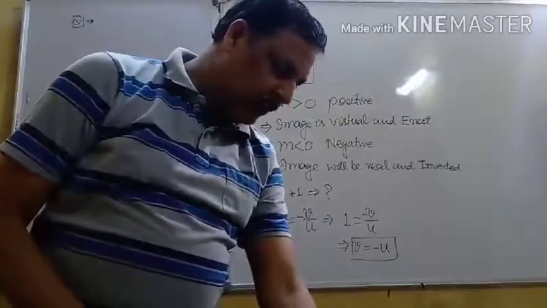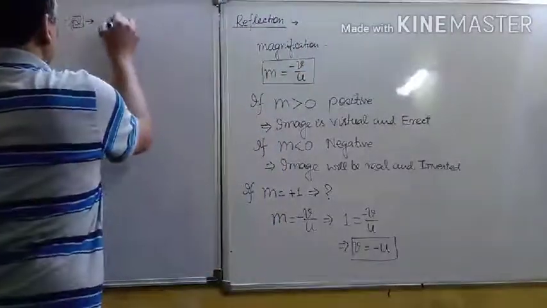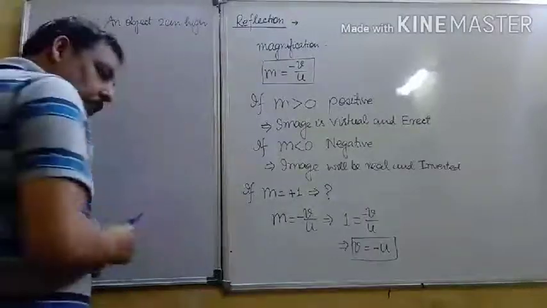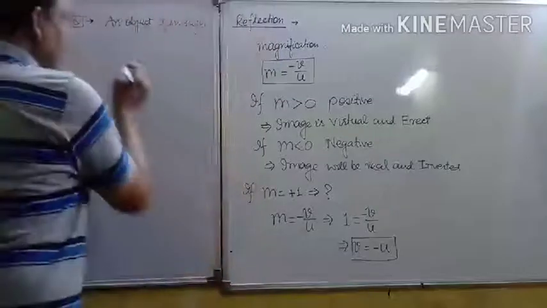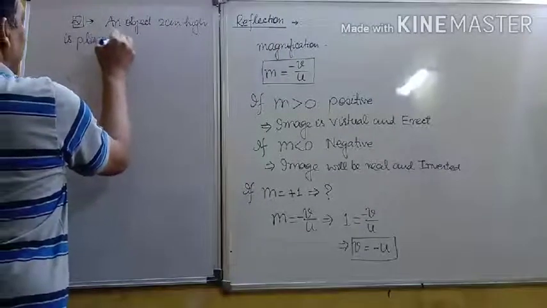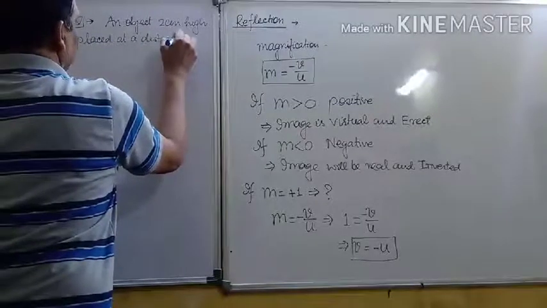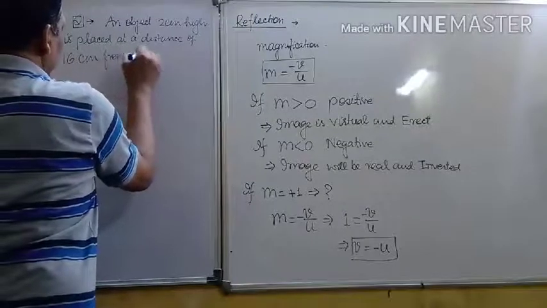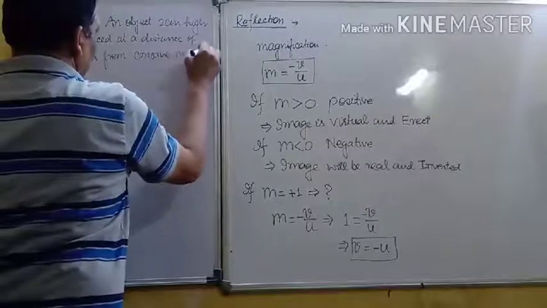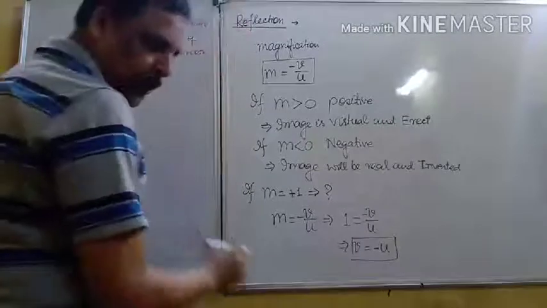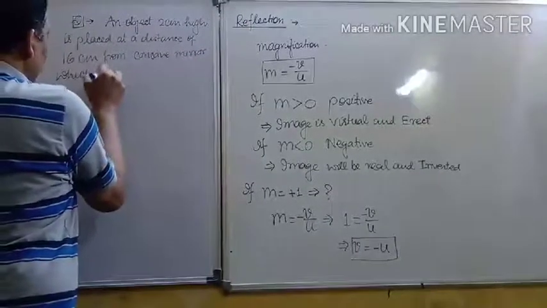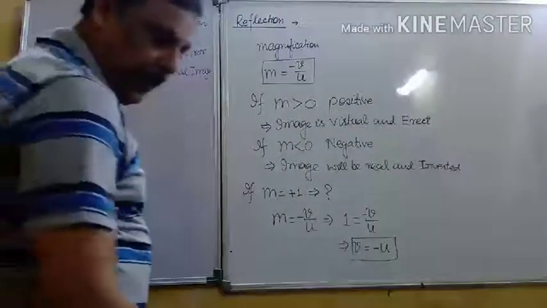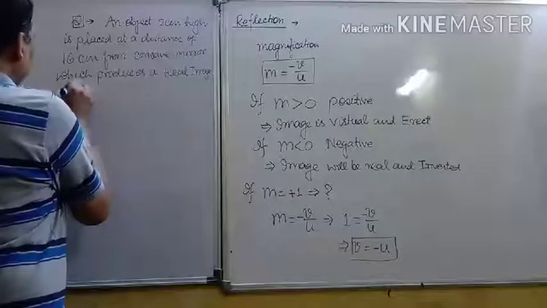An object 2 centimeter high is placed at a distance of 16 centimeter from a concave mirror, which produces a real image 3 centimeter high.